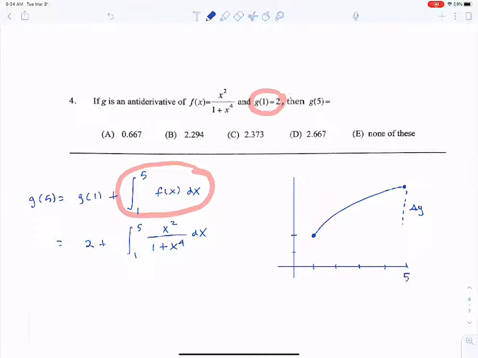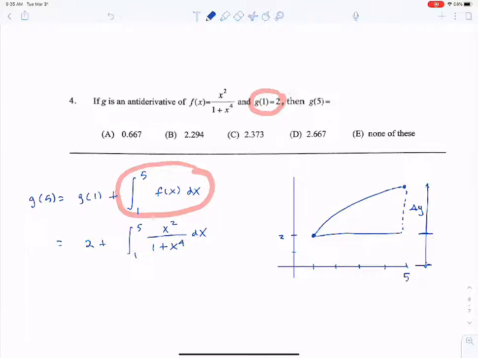That's going to give me the height of this dotted line. But I want to know the total height from here to here. So I need to take where I start, which is at a height of 2, and add to it the displacement, that definite integral. So again, I start with 2 and I add the change from 1 to 5, that displacement from 1 to 5. In regards to number 4, do you have any follow-ups?